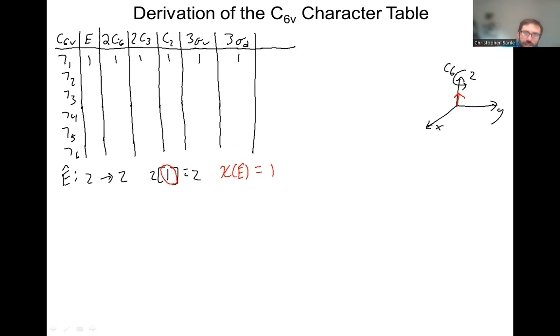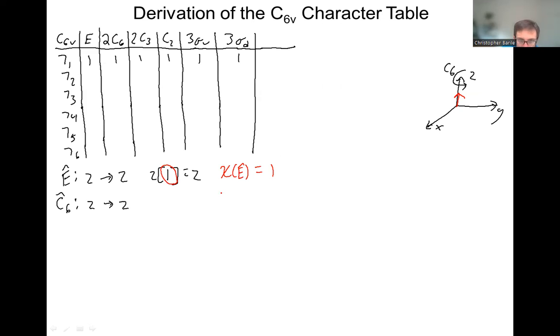And then we just march right along, we go to the next class. The next class has a C6 or C6v, right? Those are the two operations in it. And we can choose either one of those. We're going to get the same result. And we think about what happens when we do a C6 on z. If we do a 60-degree rotation on z in this way, our vector is still going to be pointing up.